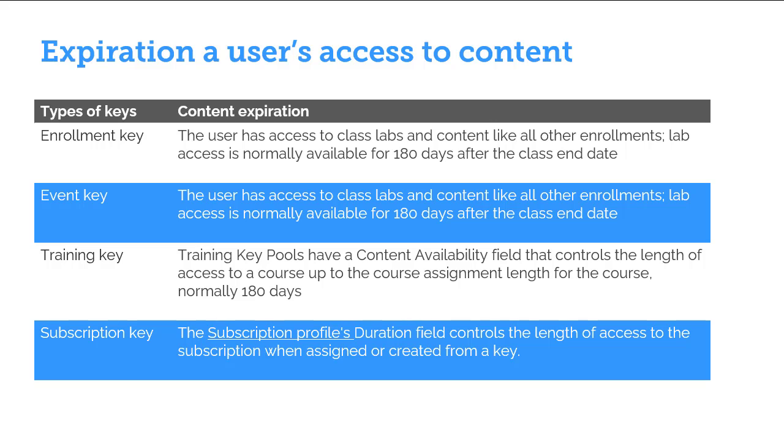It's just like any enrollment for any class, that the access to the class labs and content is normally available for 180 days after the class end date. For a training key, there is a content availability field that controls the length of access to the course assignment, up to the course assignment's length. So let us take a look at that.